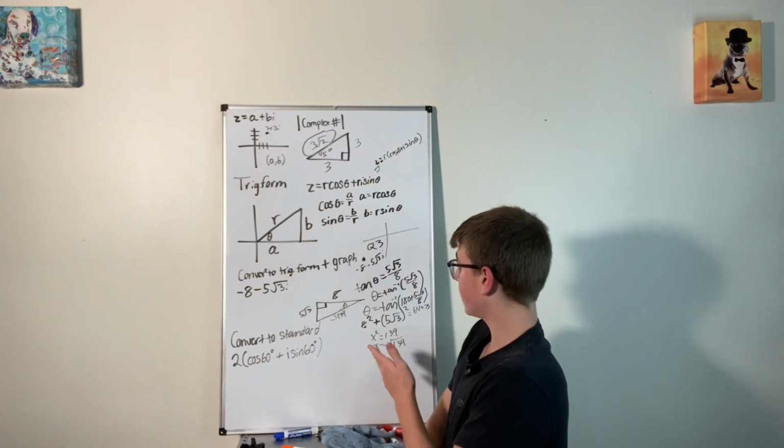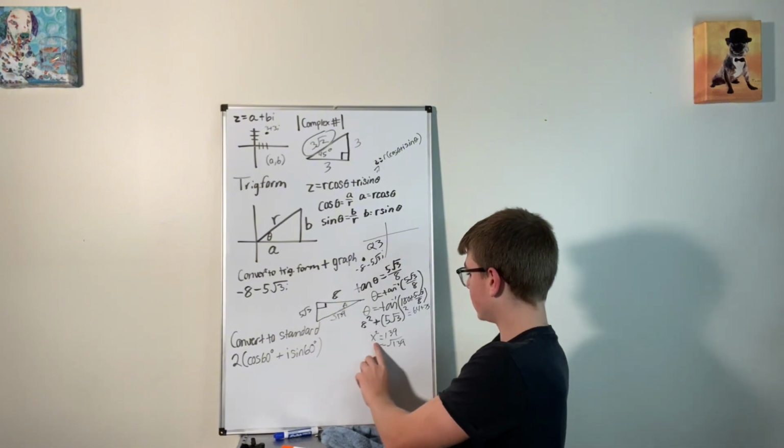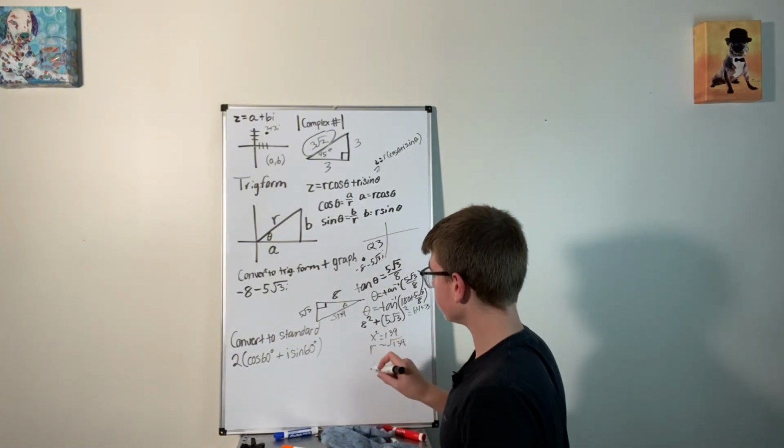So then we just plug it in. We have theta here, and then we have our r value, which this should be labeled r.